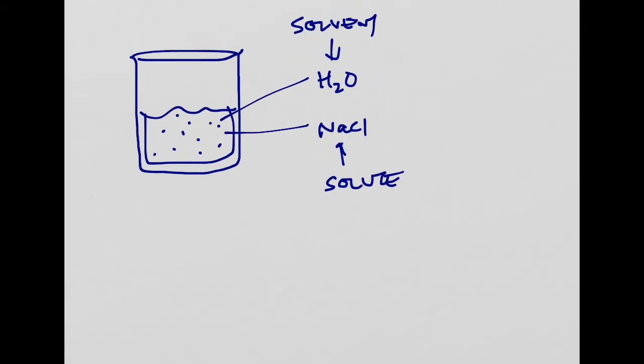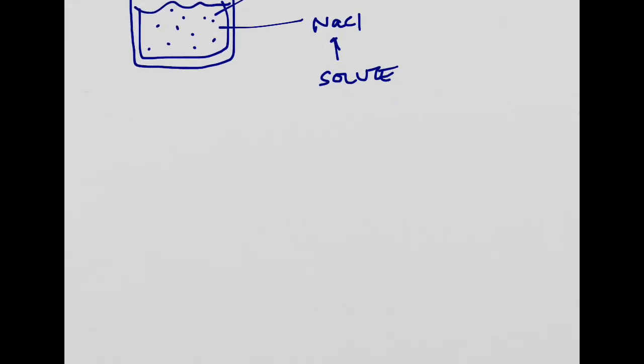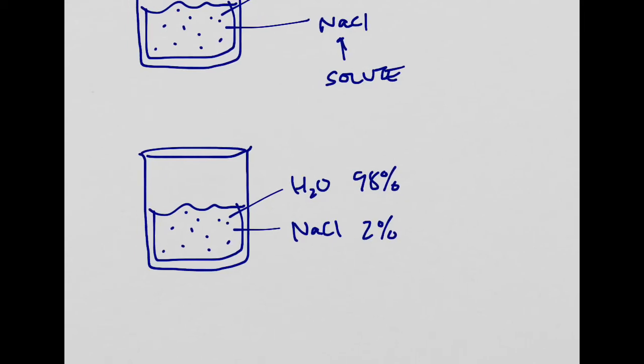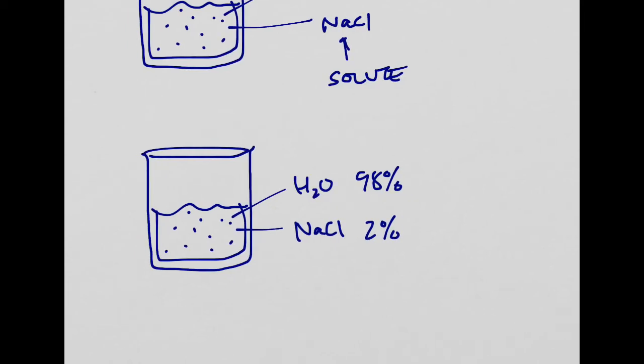So let me go ahead and set this thing up. And I want to create a specific situation here. Let's say in this case, I have my water at 98% water. And that means my solute, which is in this case the salt, is only 2%. Okay, so I've just told you what the concentration of my solution is.